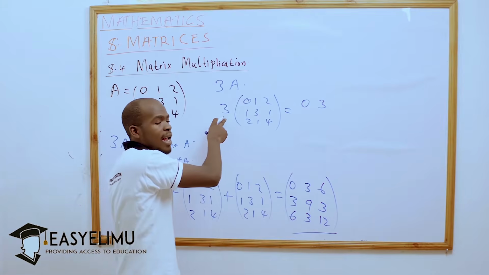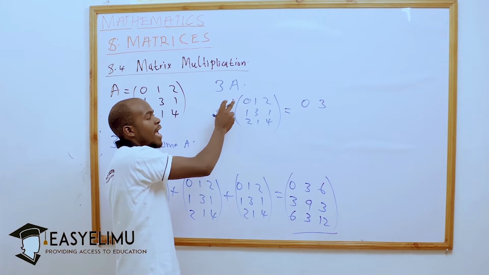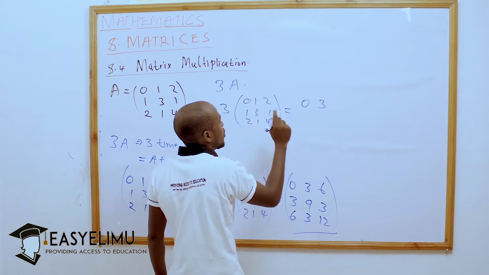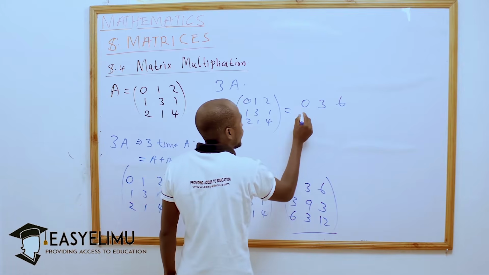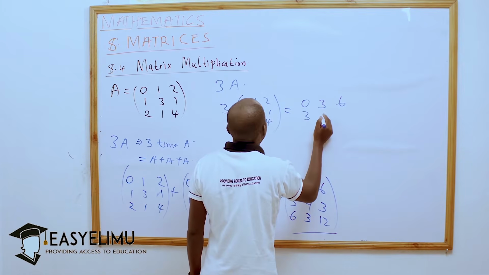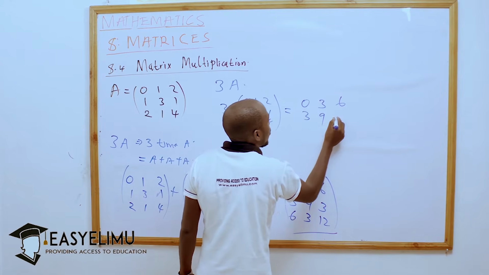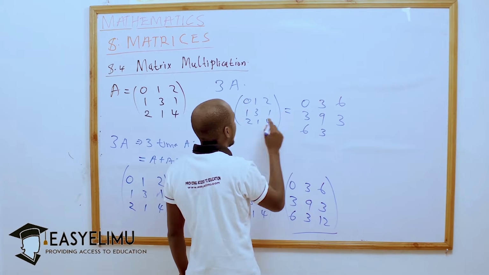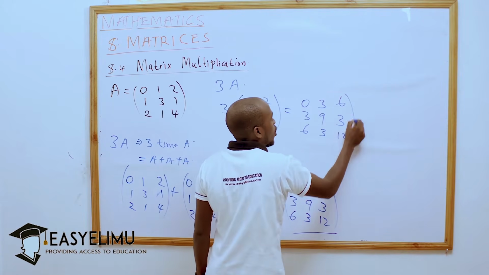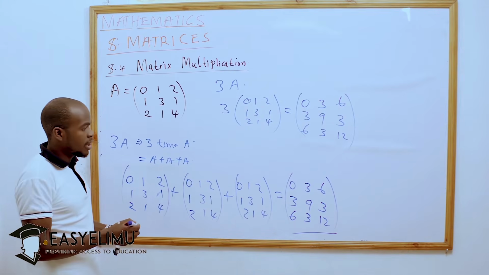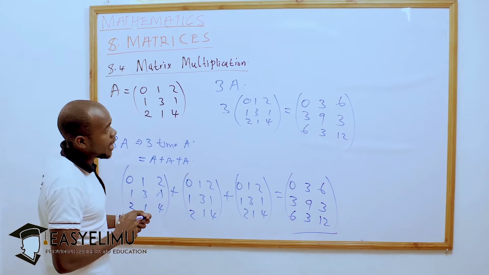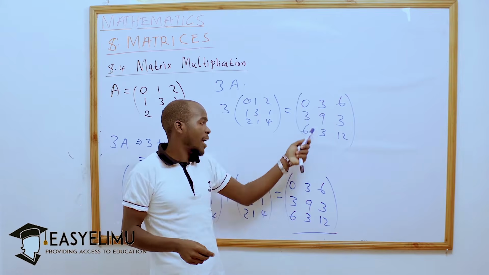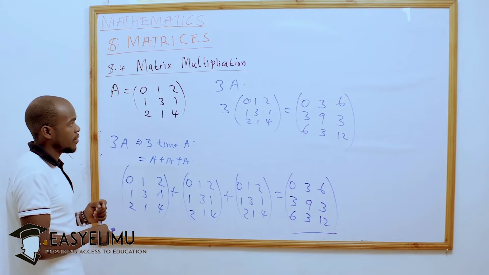You multiply the scalar with every element in the matrix. 3 by 1 gives 3. 3 by 3 gives 9. 3 by 1 gives 3. 3 by 2 gives 6. 3 by 1 gives 3. 3 by 4 gives 12. As you can see, the two matrices are equal. They are the same. So that is how we find it.